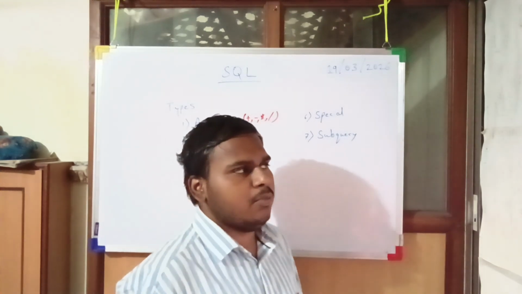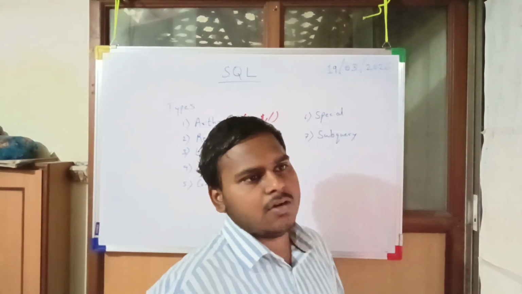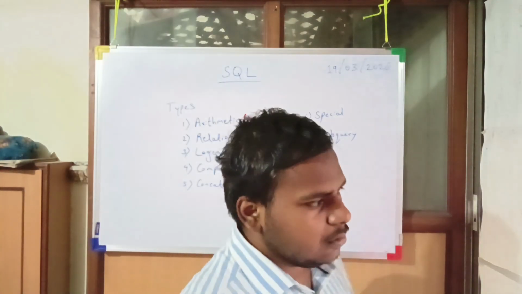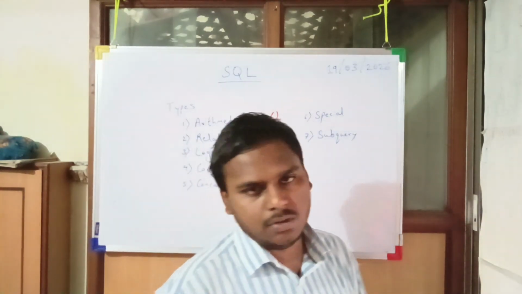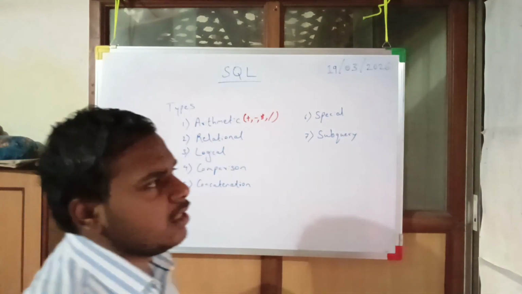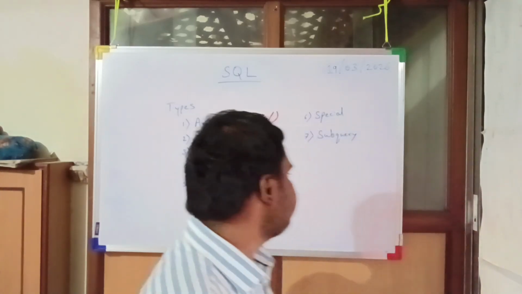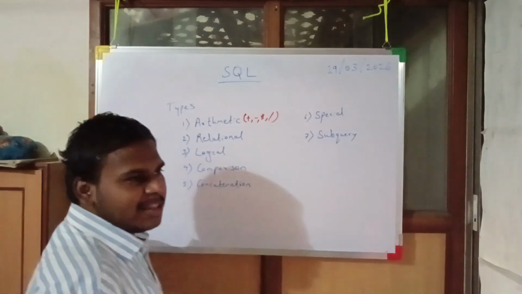To add a bonus of 500 rupees, sal plus 500. To find the quarter salary, sal into 12 by 4; quarter means 1/4. To deduct a penalty of 500 rupees, sal minus 500. That is the arithmetic operator.